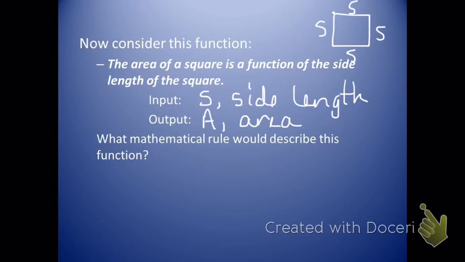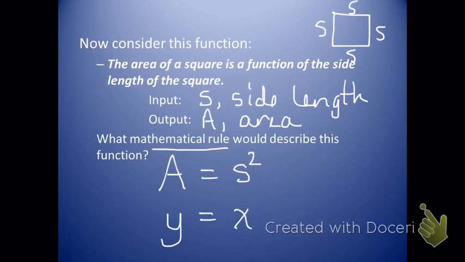Okay, so there's a mathematical rule that describes this function, and you know it. Area is equal to s times s, or s squared. Length times width. So if I were to think about what the graph of this function would look like, it would look just like the graph we just did of y equals x squared for all positive x's.